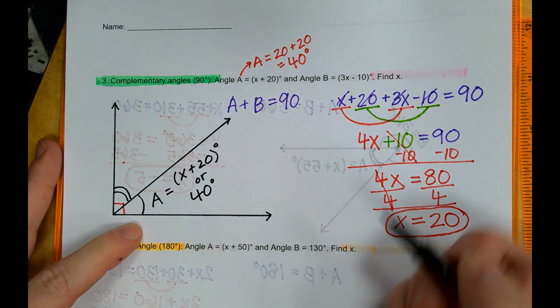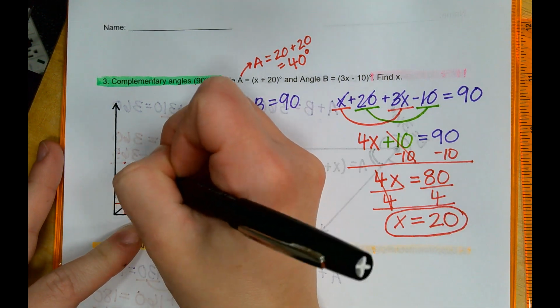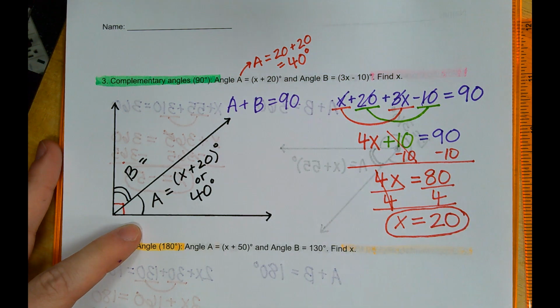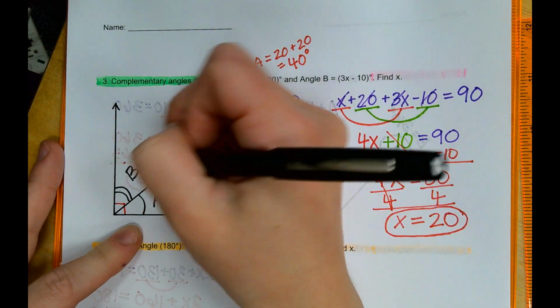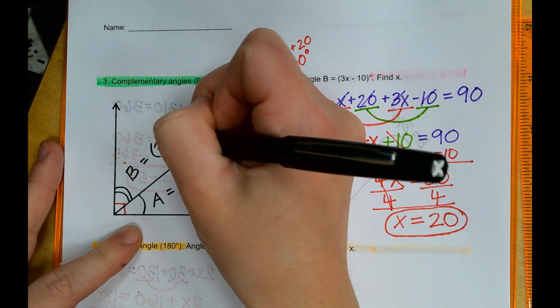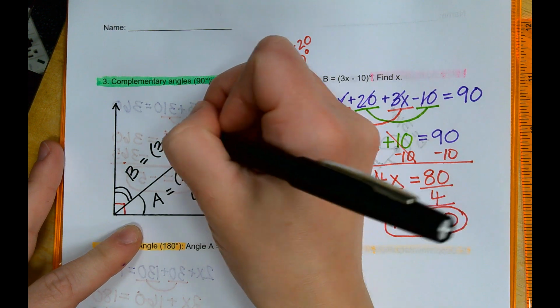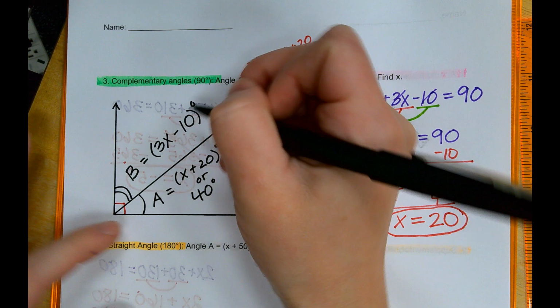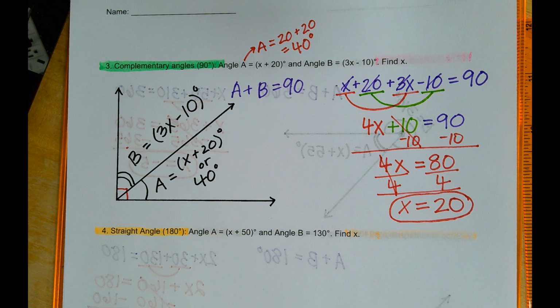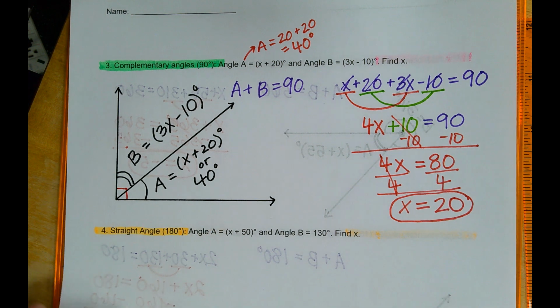It would just be 3x. Perfect. Let's do that. 3x minus 10. Awesome. There we go.